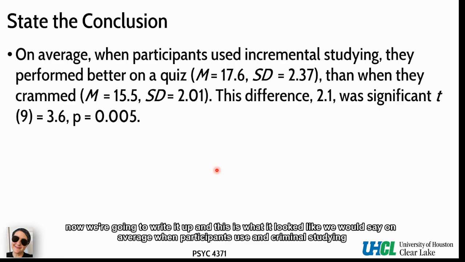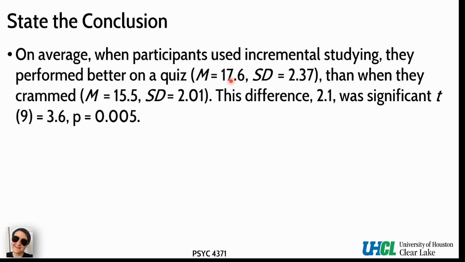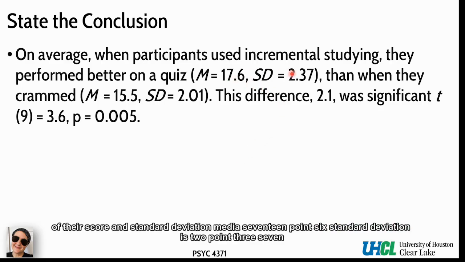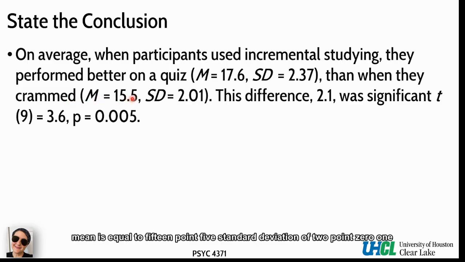We would say, on average, when participants used incremental studying, they performed better on a quiz. And then we report the mean of their score and standard deviation. Mean is 17.6, standard deviation is 2.37. And we compare that to when they crammed, which was mean is equal to 15.5, standard deviation of 2.01.